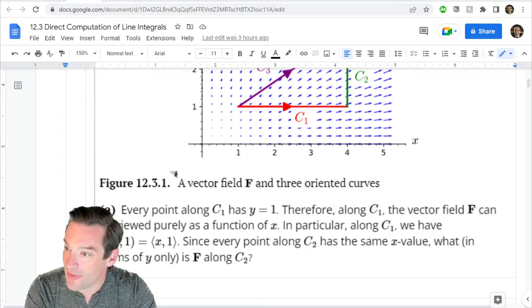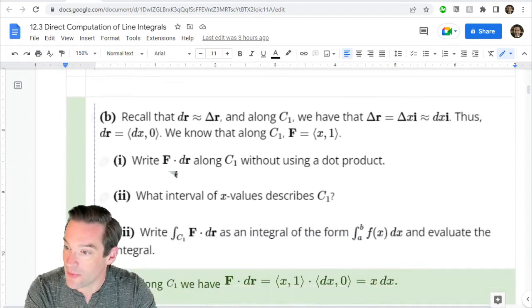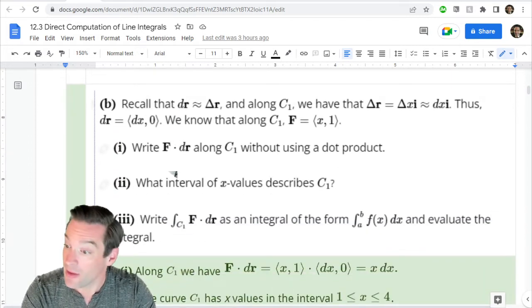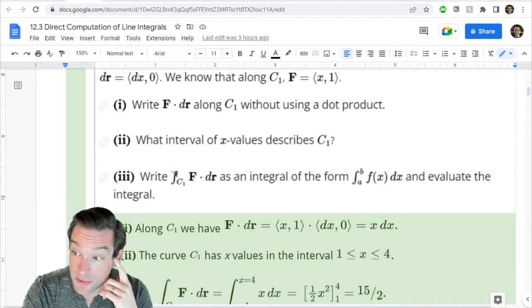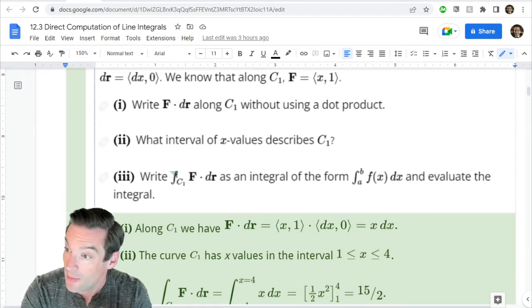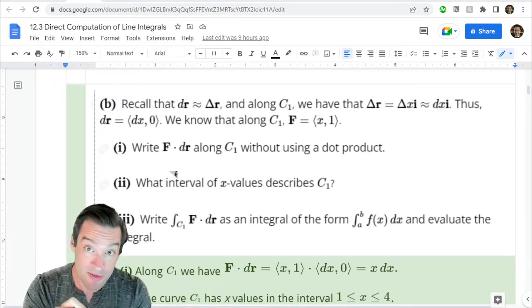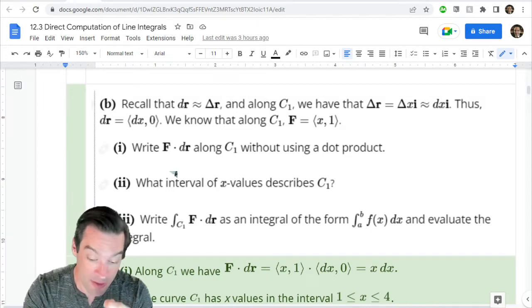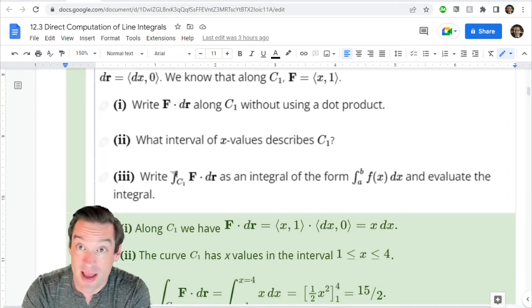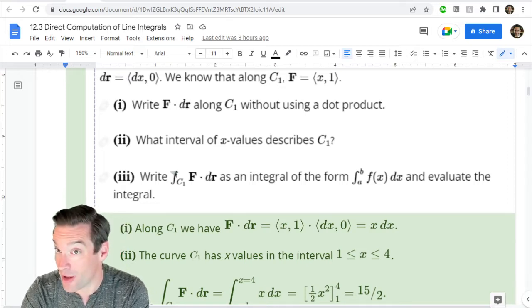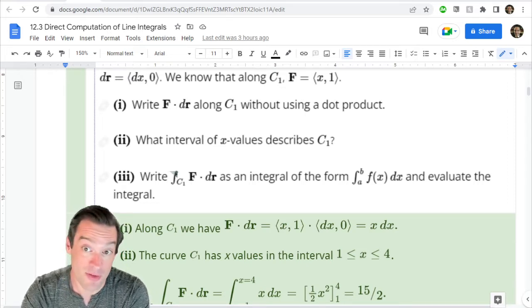Along that path, the vector field is just equal to x comma 1. And dr, this little infinitesimal vector element along the tangent direction to my parameterized curve, is only going to have an x component and not a y component. We call that x component dx, but the y component is equal to 0.